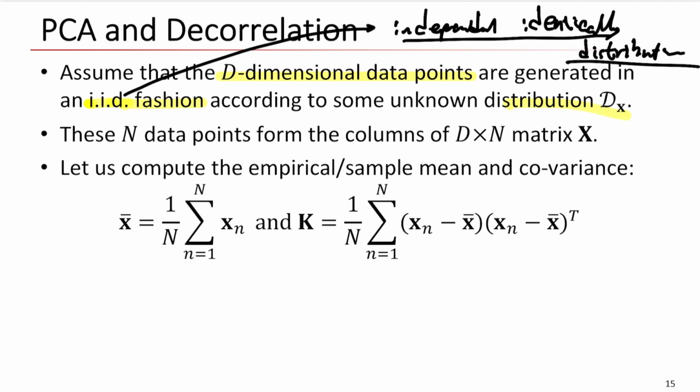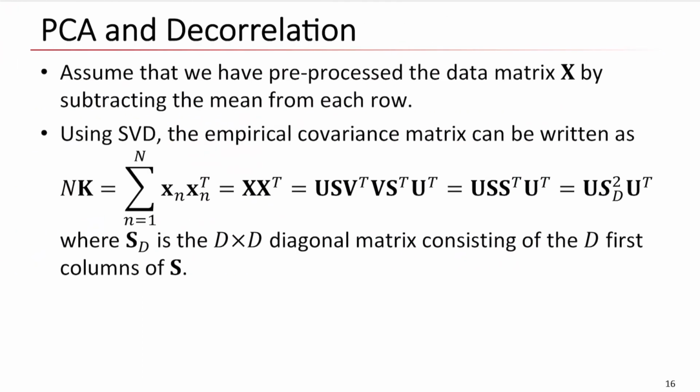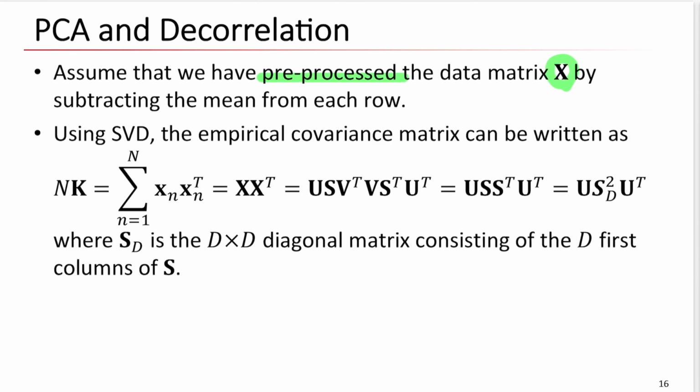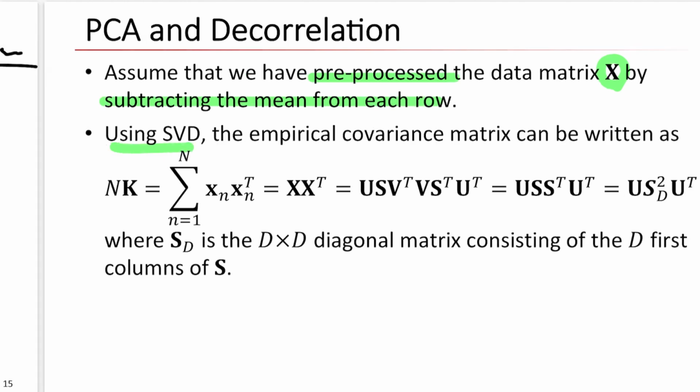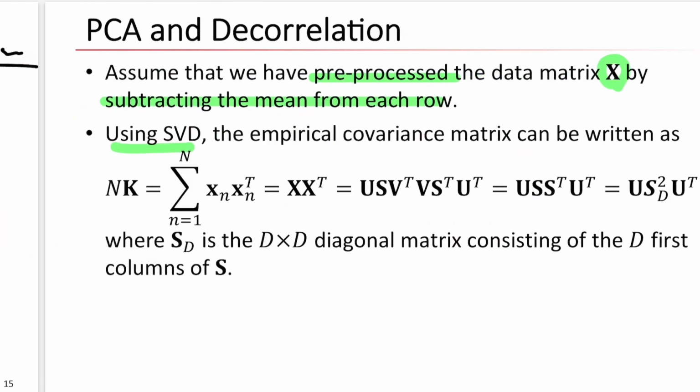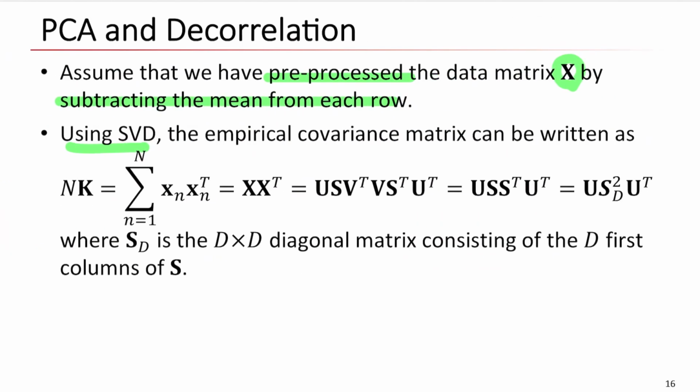Anyway, according to the unknown distribution of Xn, first of all we have the T by M matrix X, right? So let's compute the empirical or sample mean and covariance. The mean is something like that and the covariance something like that, right? Then because we pre-process the original matrix X by subtracting the mean from each row, using SVD the empirical covariance matrix can be written as follows.